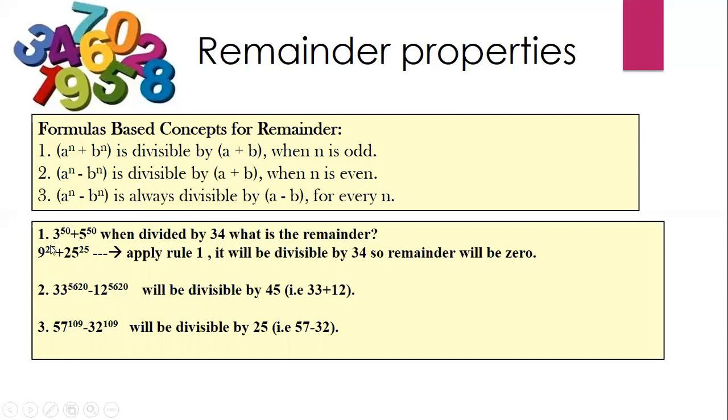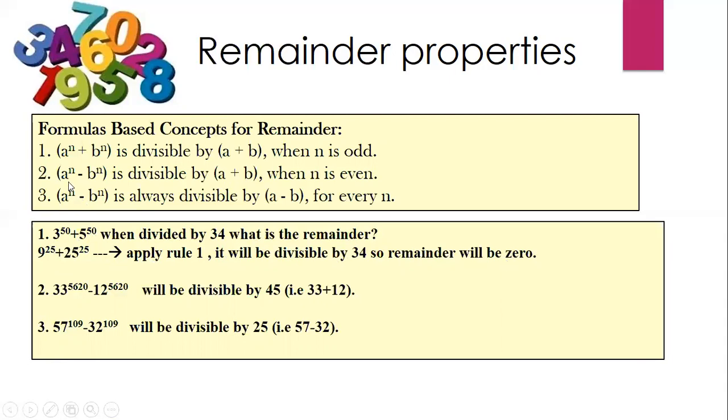Like 3 power 50 can be written as 9 power 25, and 5 power 50 can be written as 25 power 25. So both are odd now. So a power n plus b power n will definitely be divisible by a plus b, which means 9 plus 25, which is 34. So 9 power 25 plus 25 power 25 will definitely be divisible by 34, which means our remainder will be 0.